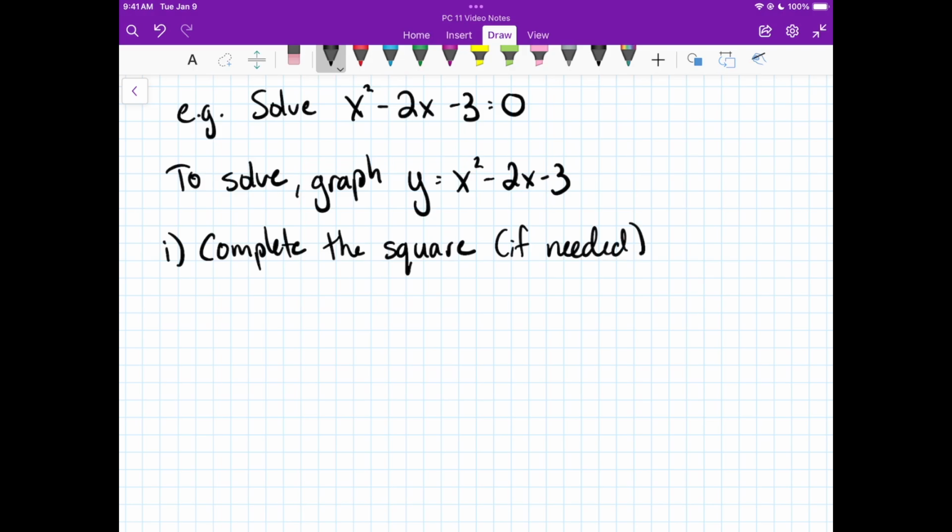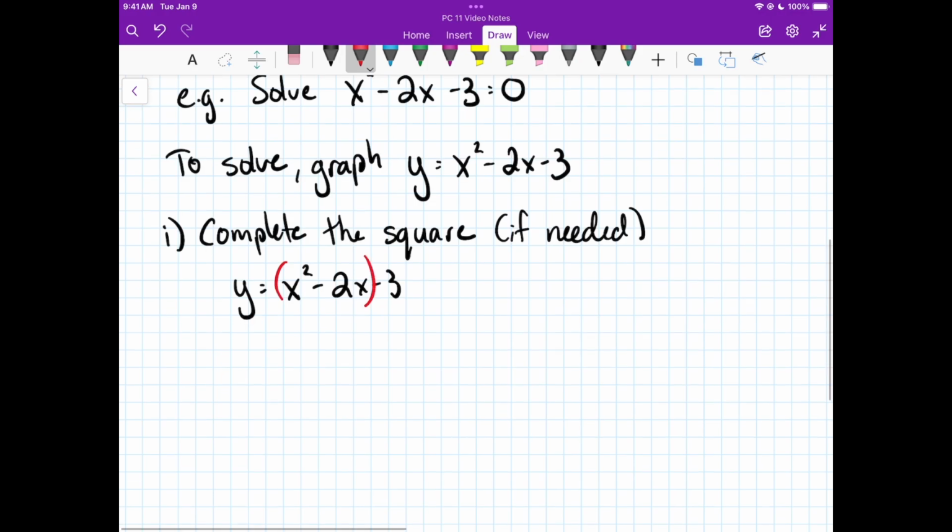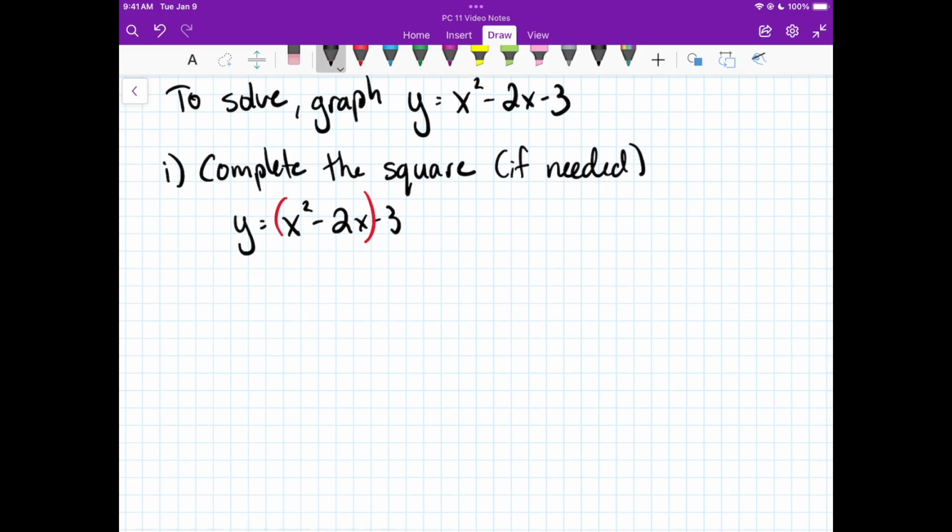All right, so we've got y equals x squared minus 2x minus 3. I'm going to move through this pretty quickly, so if you don't remember how to complete the square, pop back to section 3.3 and look at the videos for that. So we throw some brackets around our first 2 terms. We're going to take that negative 2, divide it by 2 to get negative 1, and then square that to get 1. So that's y equals x squared minus 2x plus 1, and then minus 1, because we're going to add and subtract that number we got, minus 3.